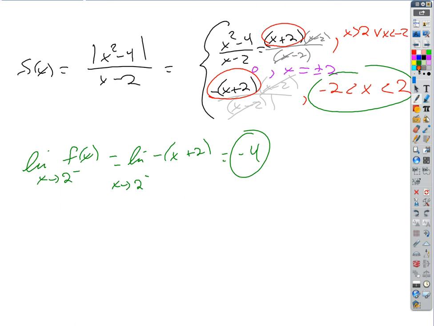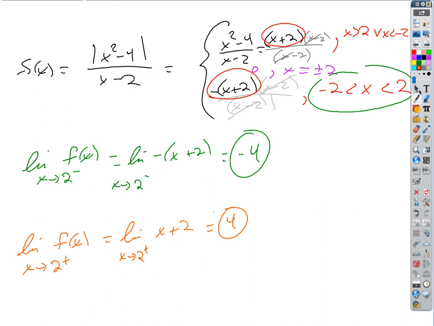What if we're going to do the limit from the right? So that'd be the top one. Good. So we just end up with the limit of x plus 2 as x approaches 2 from the right, but who cares? 2 plus 2 is 4. Right?